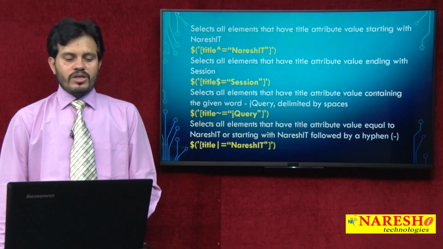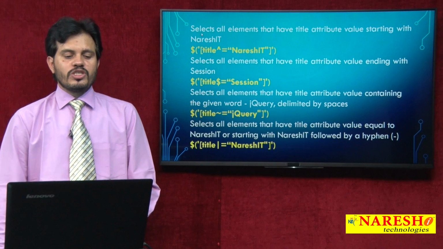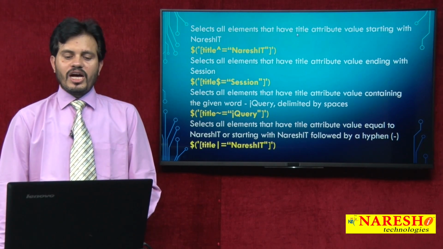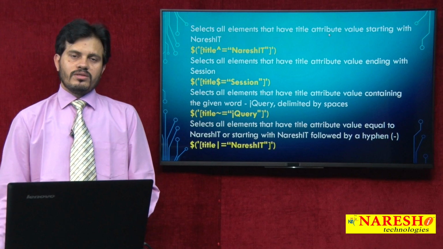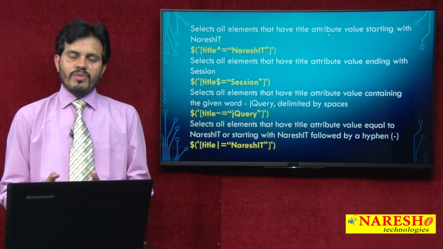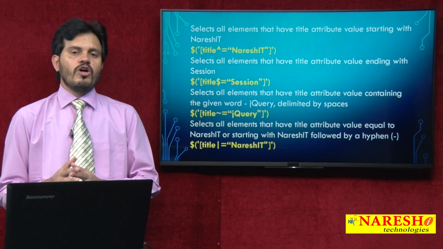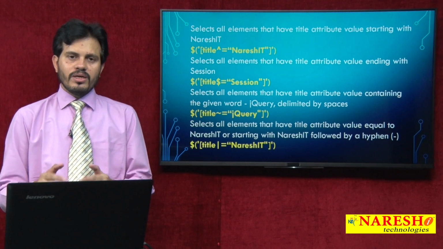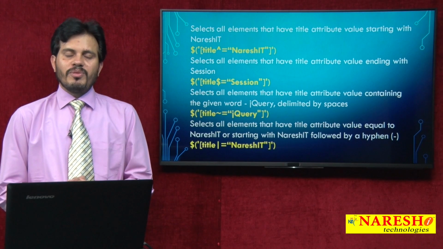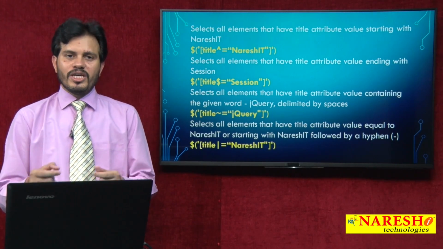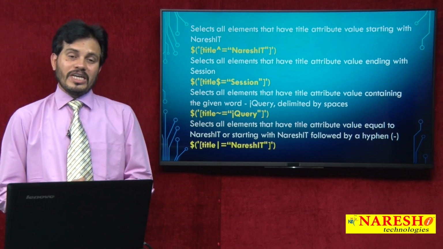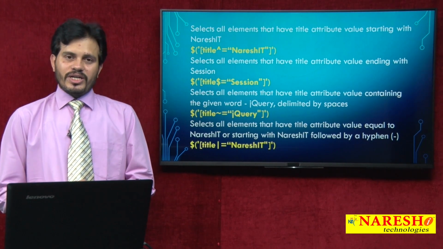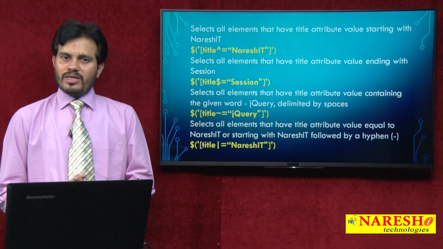So try to understand here, if a requirement comes to select all elements that have a title attribute. I am just using, to make you understand, one most commonly used attribute, the title. But in a real environment we may need to work with other attributes like the ID attribute, name attribute, alt attribute, src attribute.